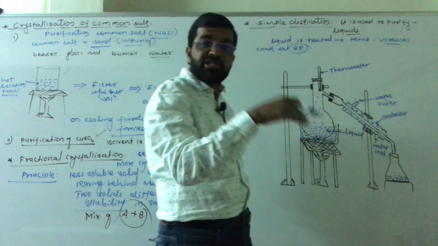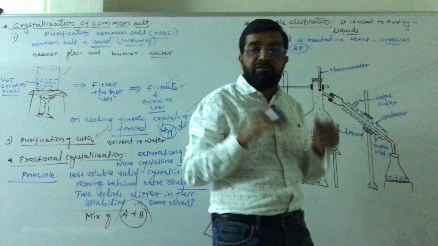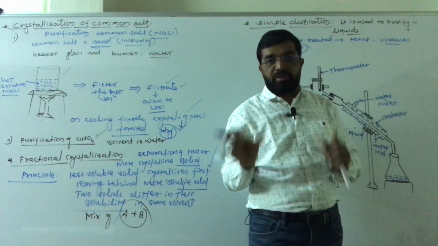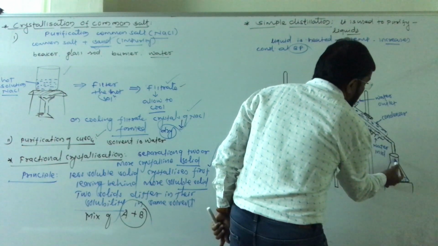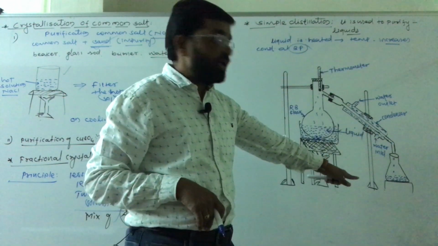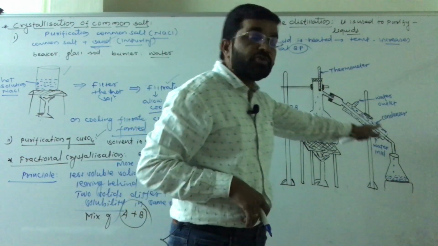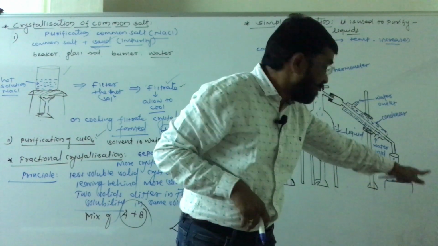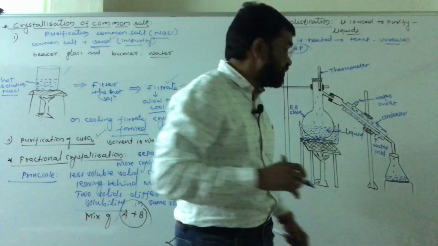And when it passes through that condenser, meaning of condenser, it liquefies the gaseous vapors of the liquid, and here it will undergo liquefaction, and you will find that liquid droplets are poured into the receiver. Means here the substance undergoes vaporization, again here it is condensed and collected in this receiver.